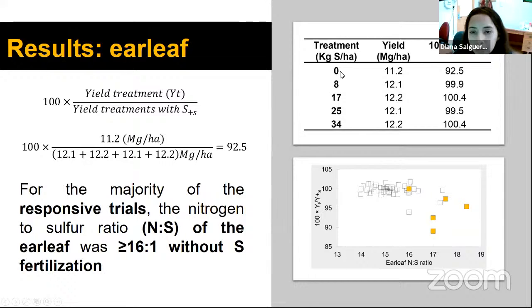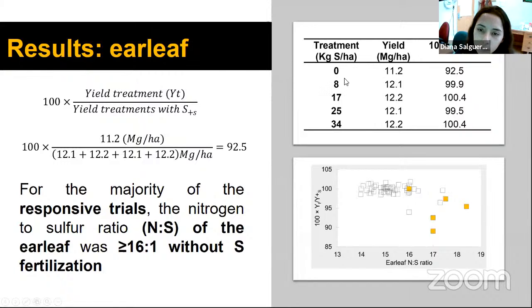In this particular field, we had 5 treatments. And how do we calculate these numbers for my y-axis? We take the yield for any of the treatments we are interested in, which can be the 0, 8, 17, 25, or 34 kilograms of sulfur per hectare.